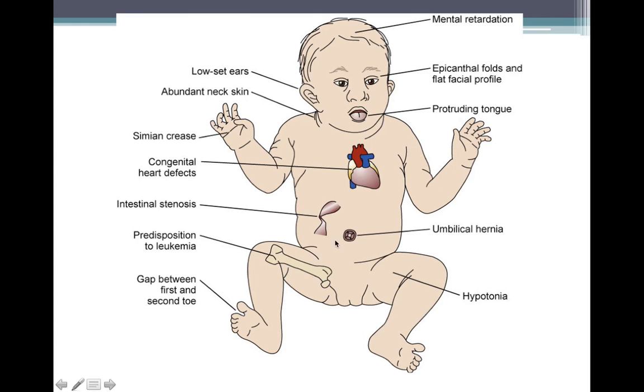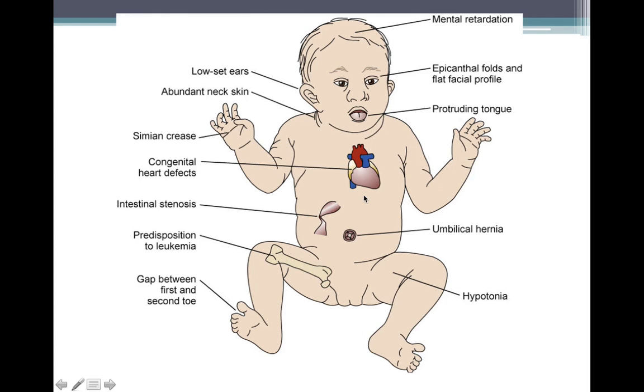For whatever reason, umbilical hernias are common in individuals with Down syndrome, as well as a predisposition to things like leukemia and a larger gap between the first and second toe. Now, this is characteristic of trisomy 21 or Down syndrome.